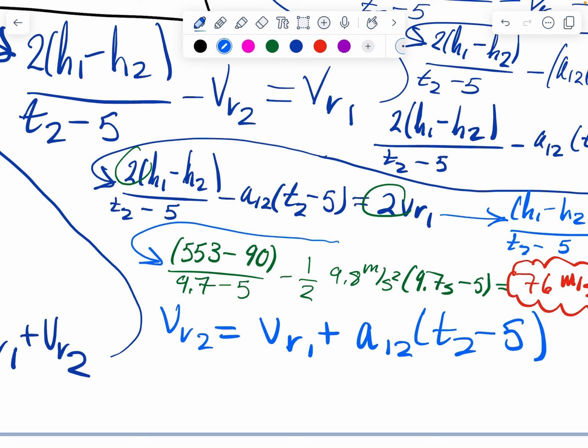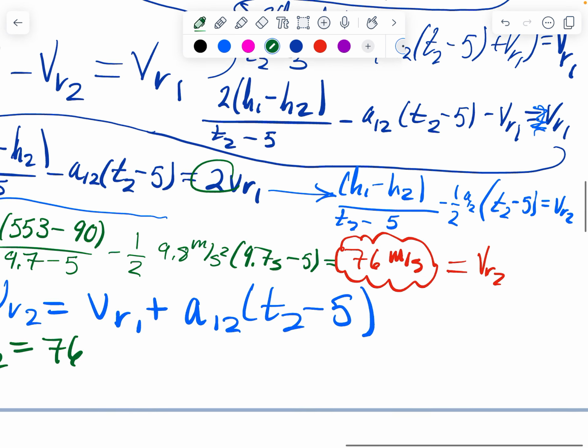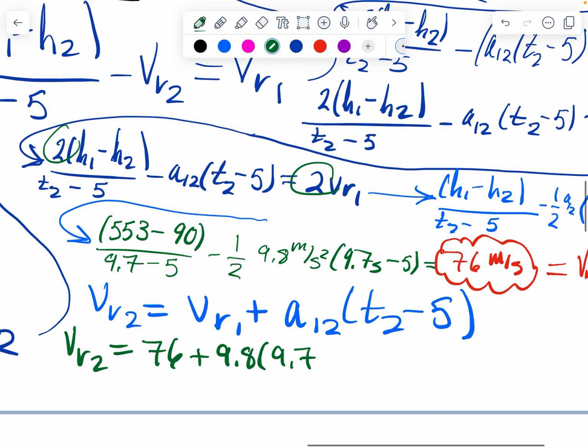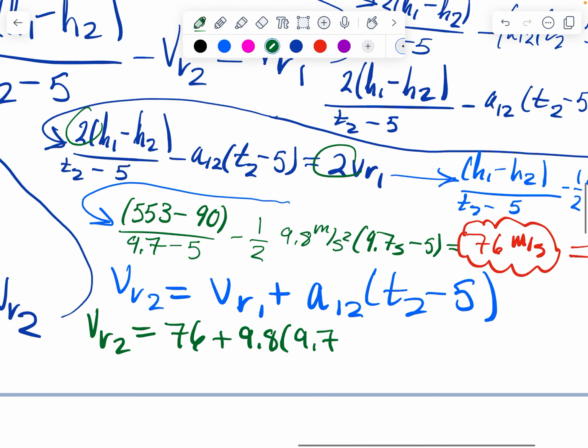All right, relating that equation. So now let's do VR2 in green. I think we have all of these, so we could just plug them in from the get-go. VR2 equals 76, yep, we just found that, plus 9.8 times 9.7 minus 5.